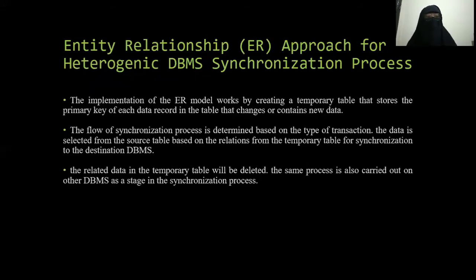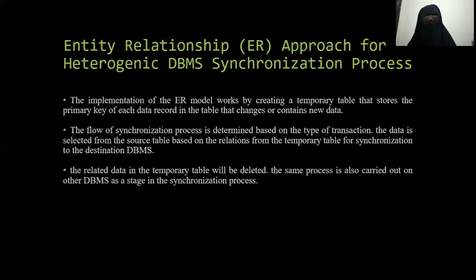The implementation of the ER model, or entity relationship model, works by creating a temporary table that stores the primary key or PK of each data record in the table that changes or contains new data. The flow of the synchronization process is determined based on the type of transaction.